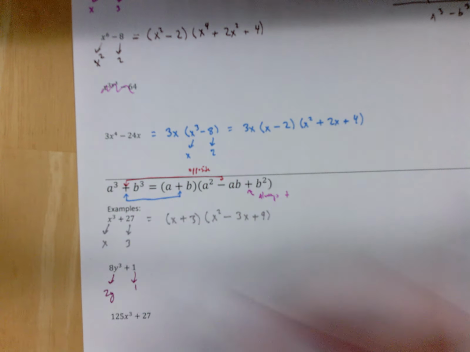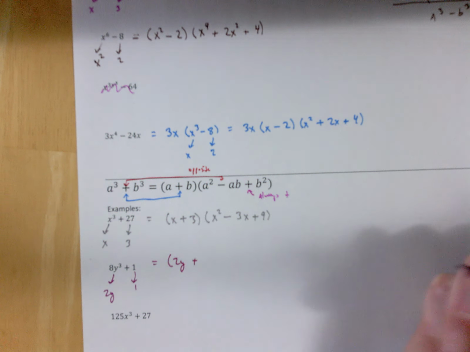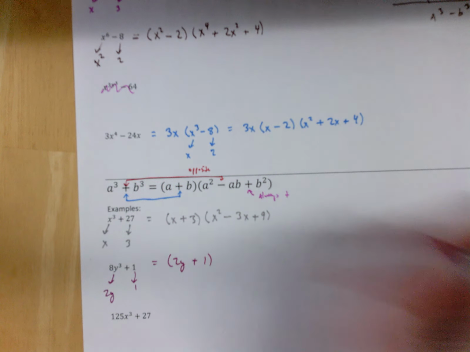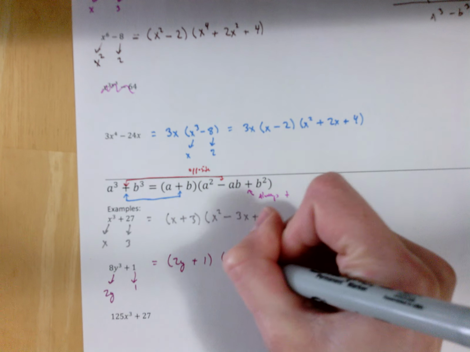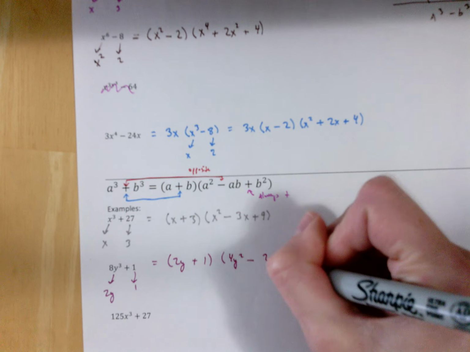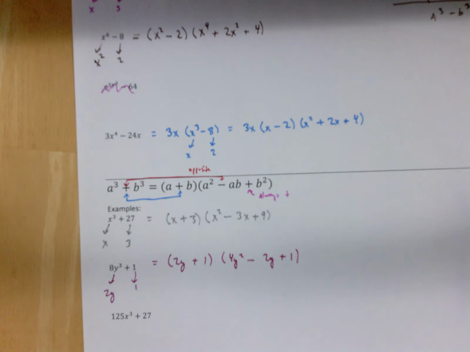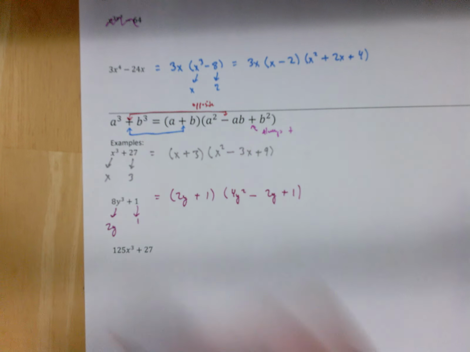This guy, cube root of 8y cubed is 2y, and the cube root of 1 is 1. So first thing, matching sign, second thing. First thing squared, so that's going to be 4y squared. Opposite sign, product of the two things, plus the second thing squared. All right, and then one more.